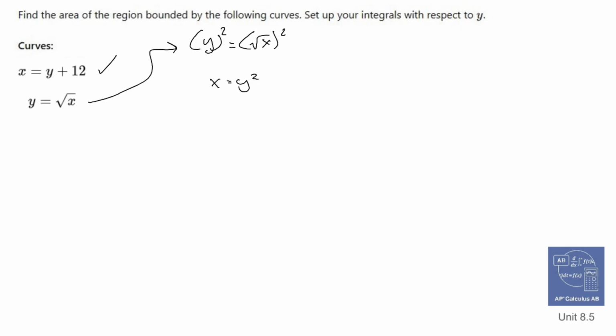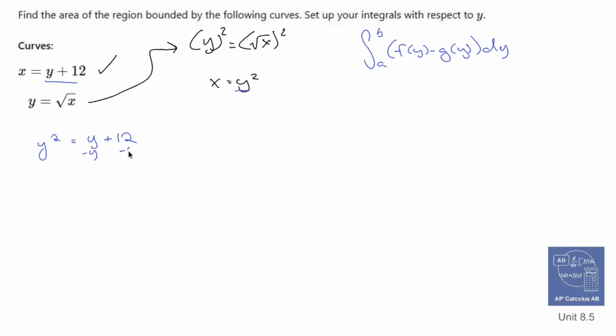Now, whenever we're finding the area between two curves, we use the formula, the limits of integration from f of y minus g of y dy. I don't know my limits of integration, but the way I find them is I set the two curves equal to each other. So let's set it up this way. y squared equals y plus 12.